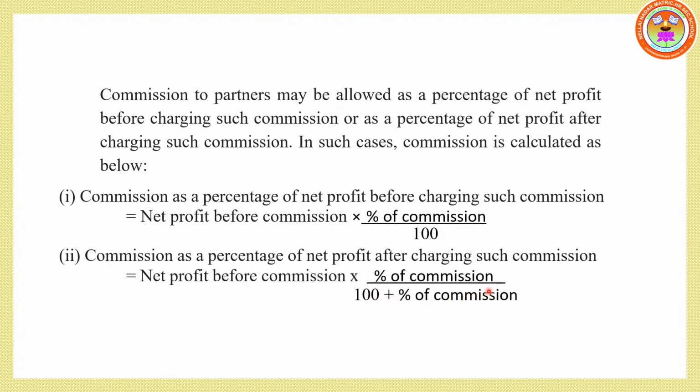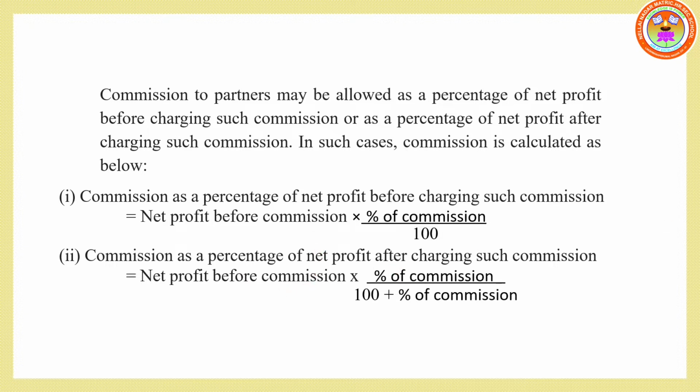For example, if the rate of commission is given as 10%, we write 10 by 110. If the rate of commission is 20%, 20 divided by 120, if the words after charging such commission are given.